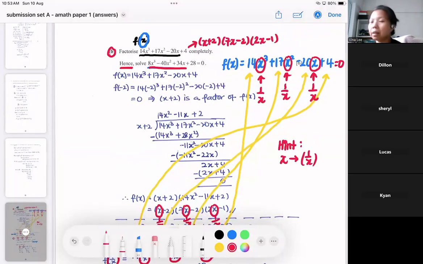Okay, it doesn't appear very often that the x is replaced by 1 over x. The more common ones will be x replaced by 2x, x replaced by minus x. So you can check out this pattern. It's quite a rare question, but if you are doing JC stuff, this is supposed to be very basic.